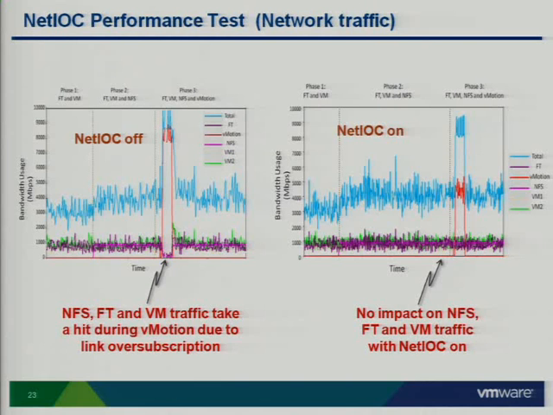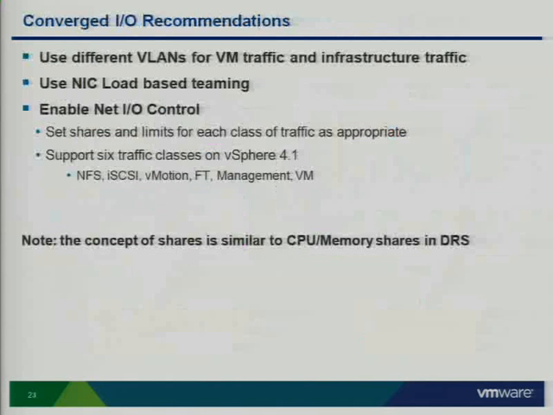Basically, vMotion is impacting all the other traffic running there. Now, if you turn on network I/O control, you'll see that the jump in the vMotion traffic has been constrained, and there's no impact on the rest of the traffic. So that's the power of network I/O control.